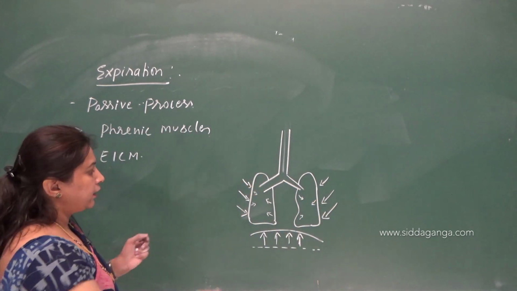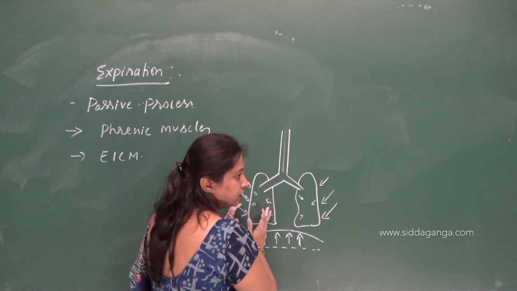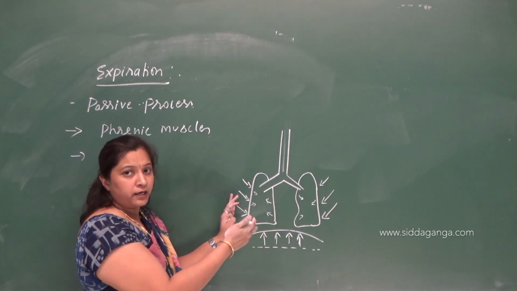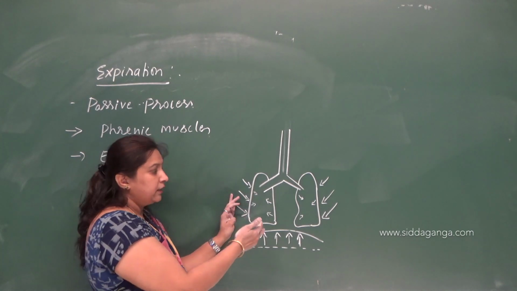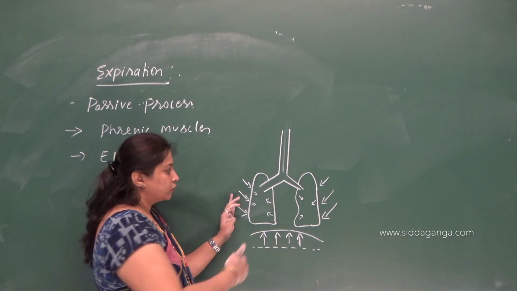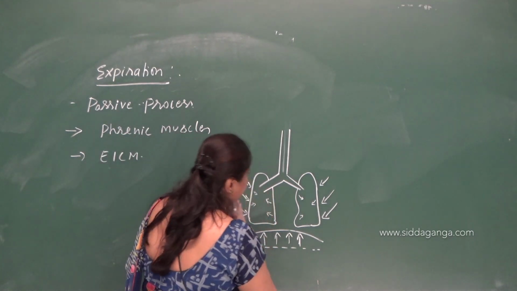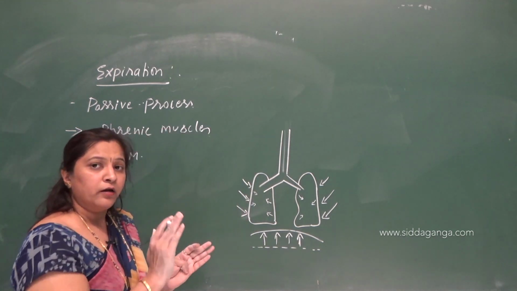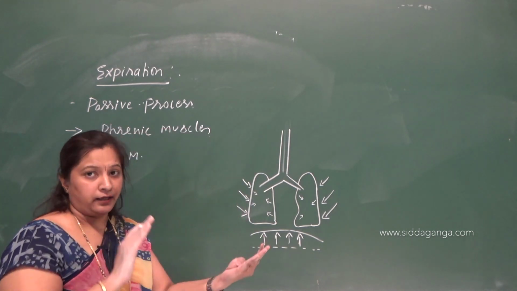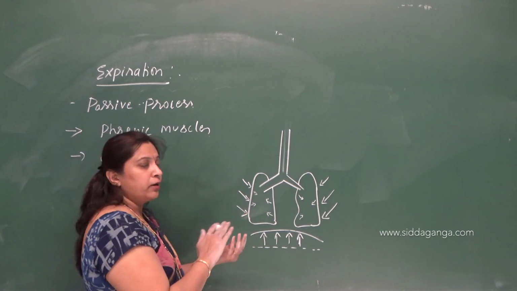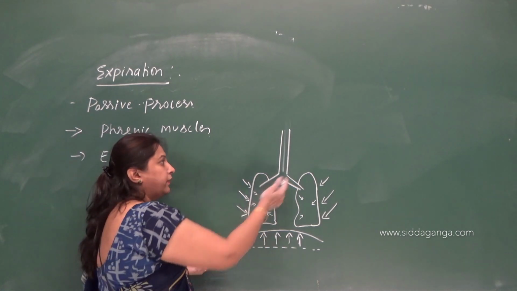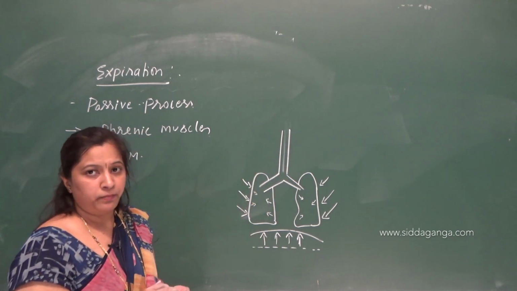When the intrapulmonary volume decreases, does the pressure inside the lungs increase or decrease? Here the intrapulmonary volume decreases, but the intrapulmonary pressure increases. Now the intrapulmonary pressure is more than the atmospheric pressure.